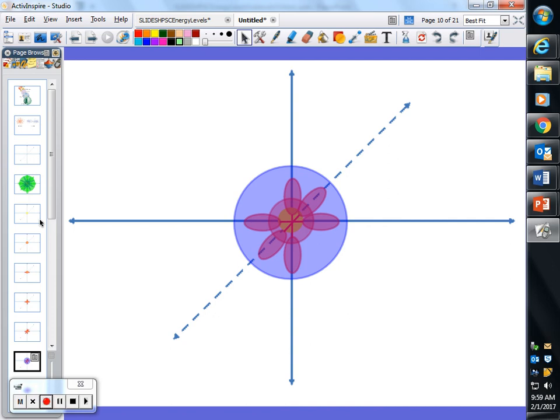Right? Those are the two rules that they're trying to follow. And so we start seeing them settle into places where they can, one, be away from other electrons, but two, still try to be as close to the nucleus as possible. Okay? All right, so there's our next level, or there's our next space.